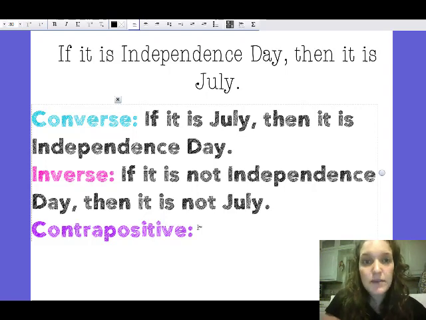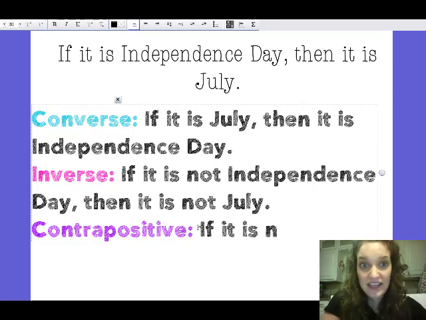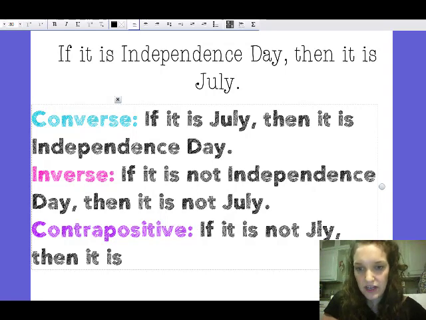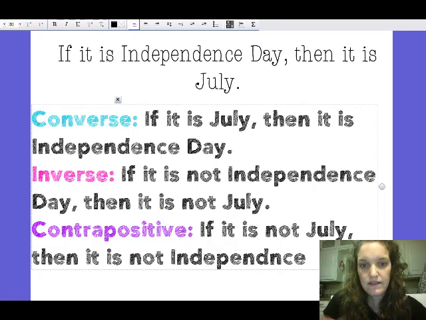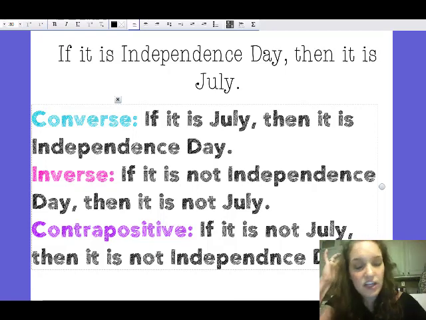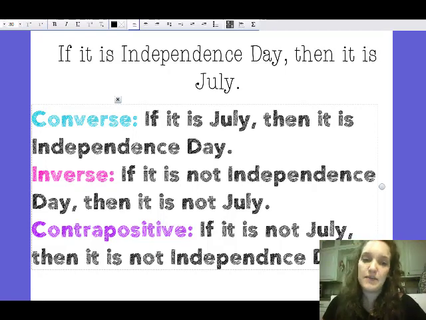So the contrapositive would be, if it is not July, then it is not Independence Day. Oh, I forgot the U in July. So I switched the hypothesis and the conclusion, and I negated them at the same time.